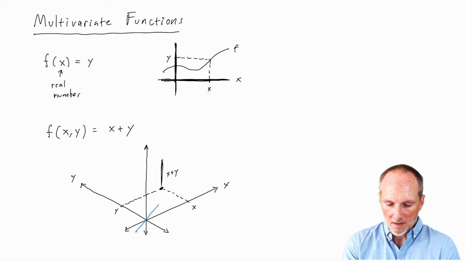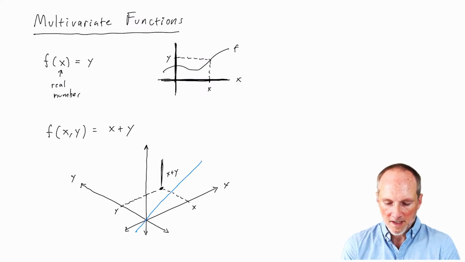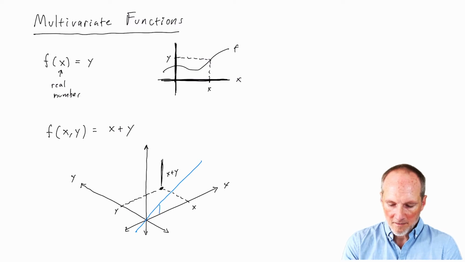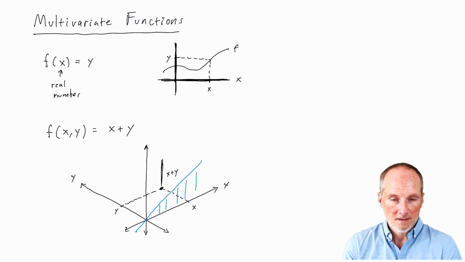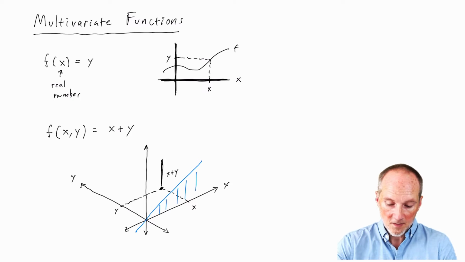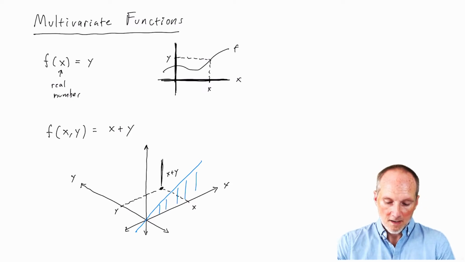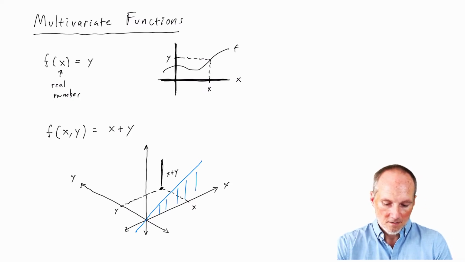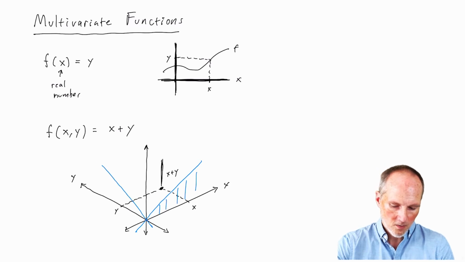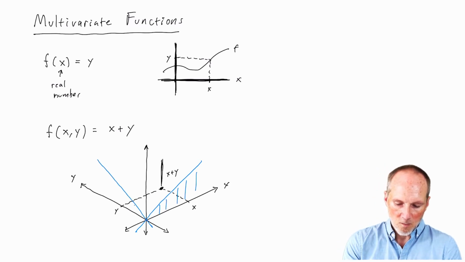And so the graph of the function will look like this above the x-axis. I can do the same thing over the y-axis. There, x is equal to 0, and so the function is just going to give us y back.